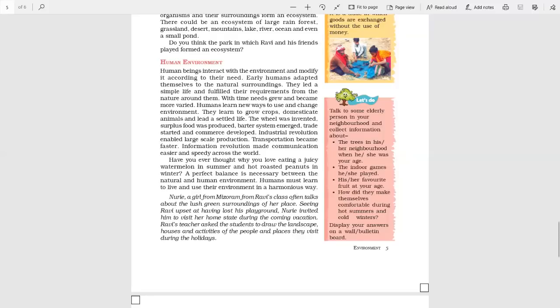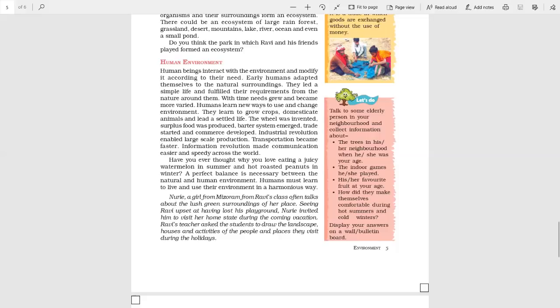Transportation became faster. The information revolution made communication easier and speedy across the world. Have you ever thought why you love eating a juicy watermelon in summer and hot roasted peanuts in winter? A perfect balance is necessary between natural and human environment. Humans must learn to live and use their environment in a harmonious way.